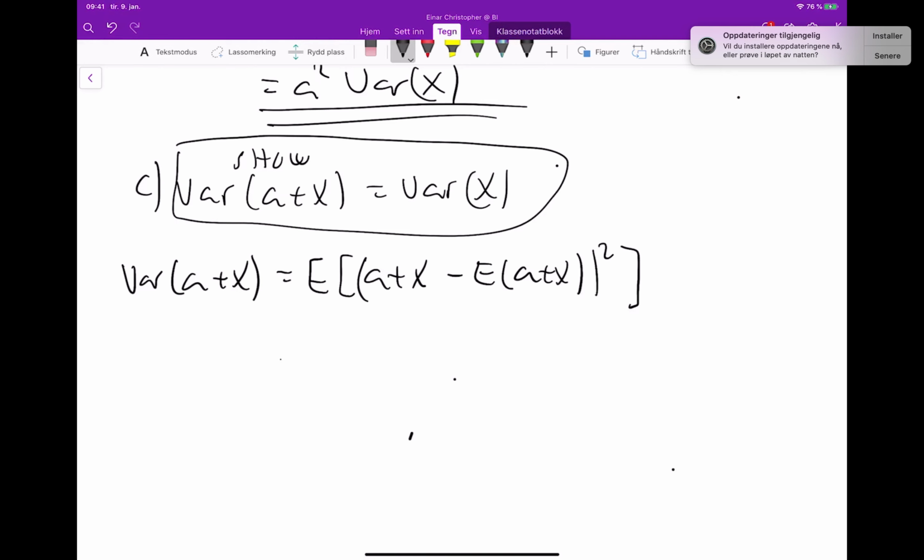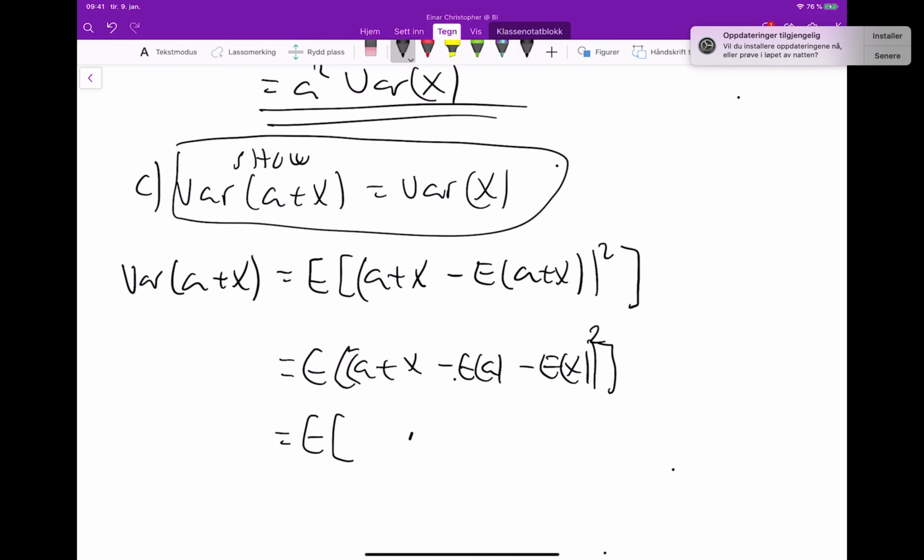So then we get a plus x minus the expectation of a, I think this is very easy now, minus the expectation of x, following rule 1, to the power of 2, and then we get the expectation of a plus x minus the expectation of a is a, minus the expectation of x, to the power of 2.